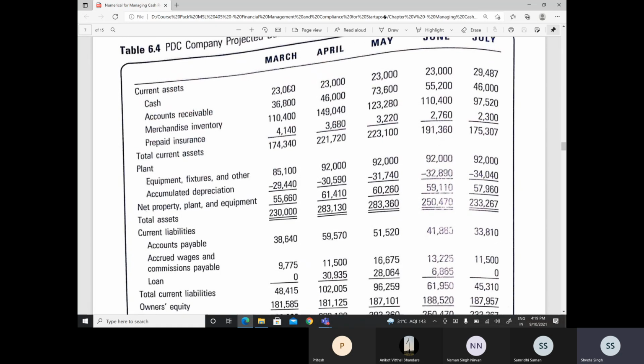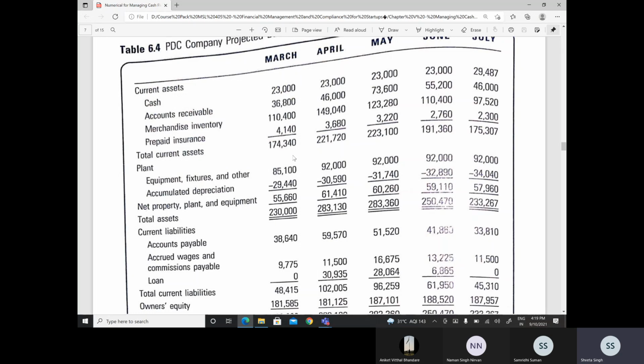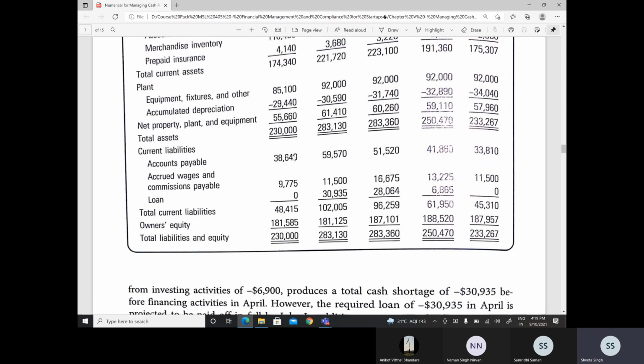Say in March we have cash of 23,000, then we have accounts receivables of 36,800, inventory of 110,400, prepaid insurance of 4,140, which gives us total current assets of 174,340. To this we add the fixed assets of equipment, fixtures and other fixed assets.